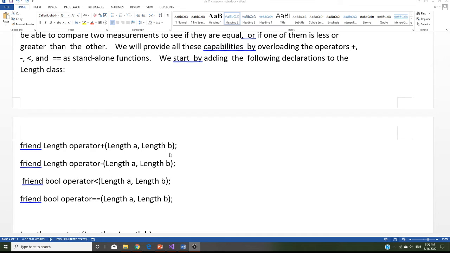Then you notice we are going to use friends. When we say it's a friend, that means this operator plus function can retrieve any of your private variables inside your class.